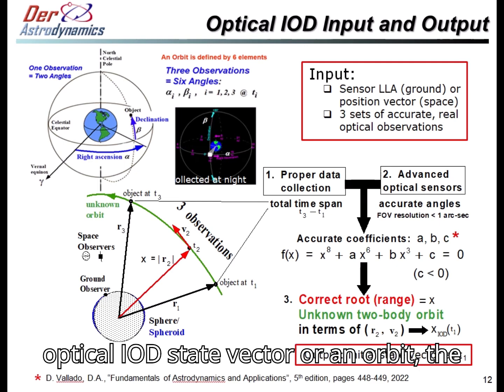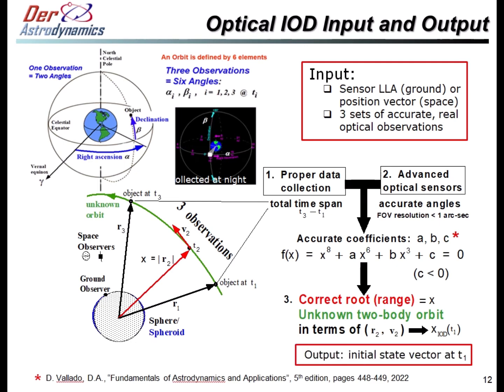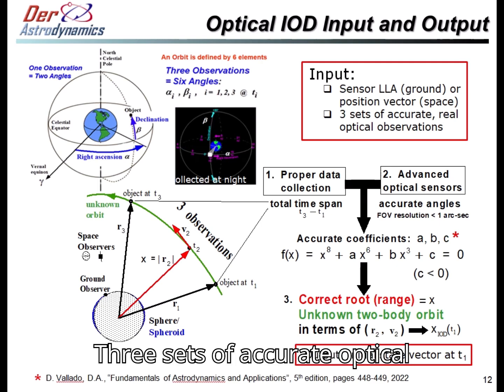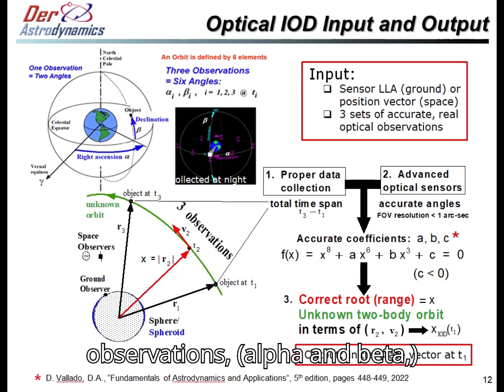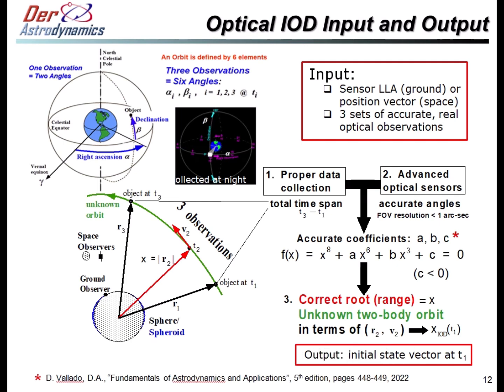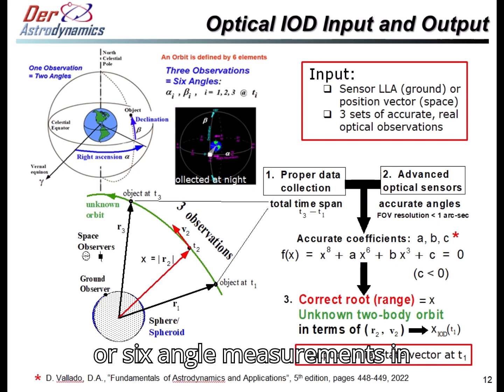To deduce an optical IOD state vector or an orbit, the inputs are: 1. Ground sensor latitude, longitude, altitude, LLA, or space sensor position vector. 2. 3 sets of accurate optical observations, alpha and beta, or 6 angle measurements in reasonable time span.